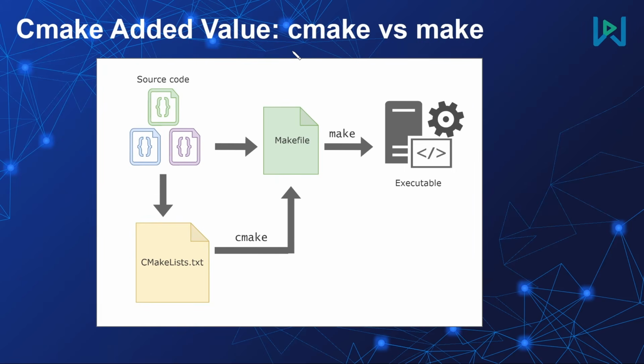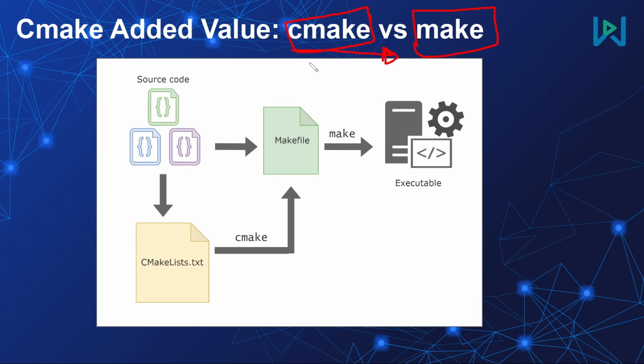Now, besides automating the build flow of our embedded system project and abstracting to the user the way of generating this final binary, CMake has another added value compared to standard tools like Make.